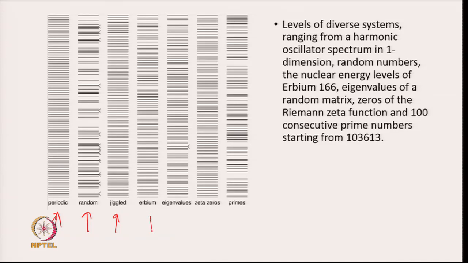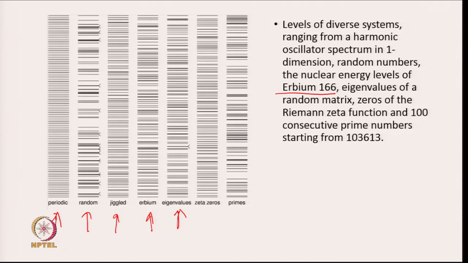But right next to it is the eigenvalue spectrum, the levels of a radioactive nucleus, erbium-166. These are the nuclear energy levels of erbium-166. Here are a set of eigenvalues of a symmetric matrix which has completely random entries in one half of it.